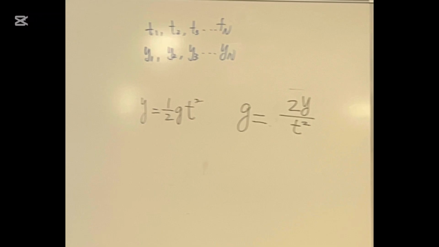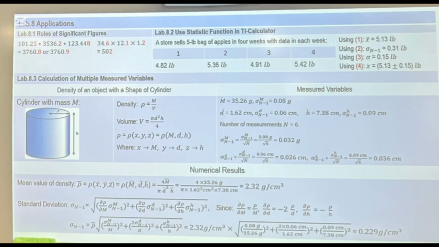let me finish, I will wait. Now your question. Yeah, is that a square root? G equals the square root of 2y over t squared?